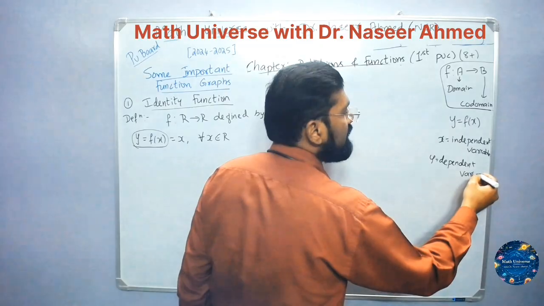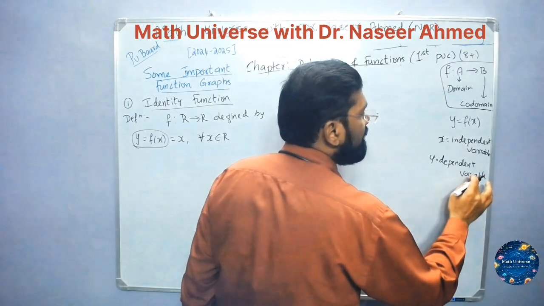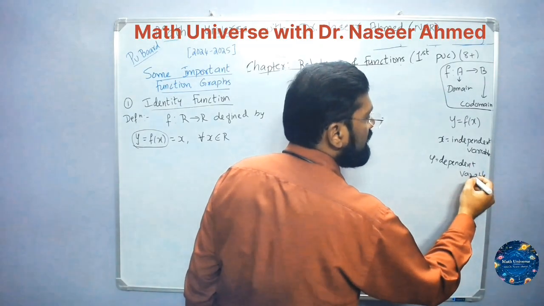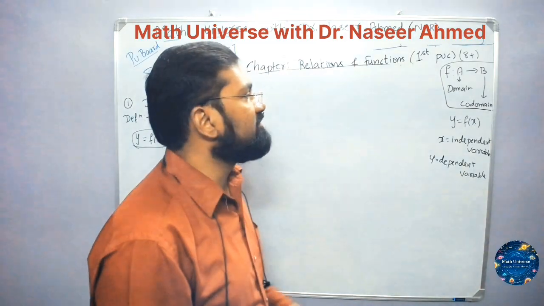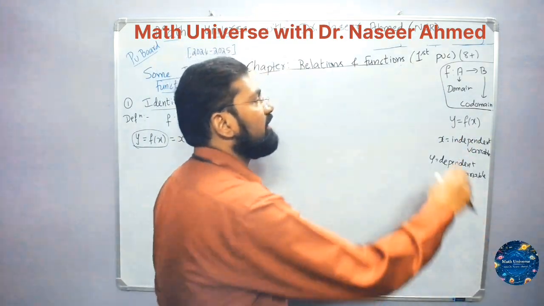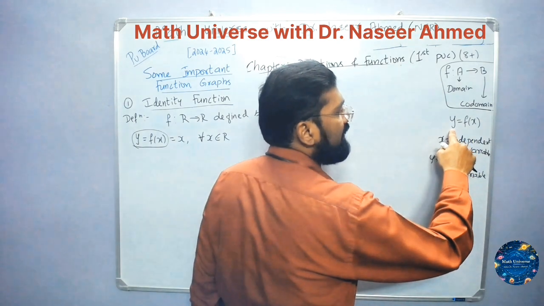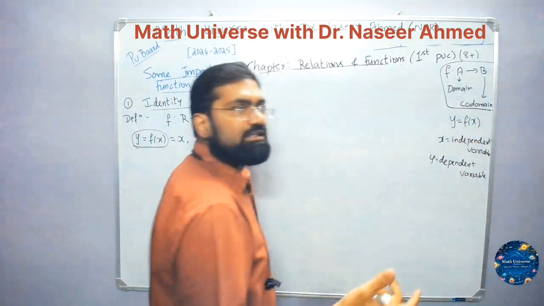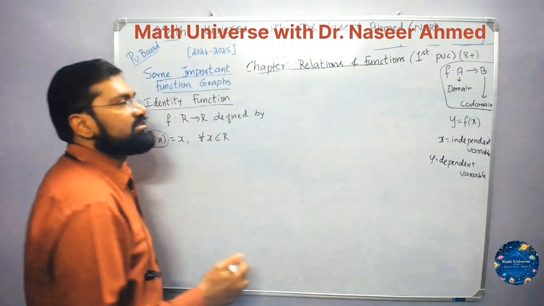Now why the name so? See, for different x values, I'll have a corresponding y value. And what is the meaning of this? I am writing y in terms of x or a constant.